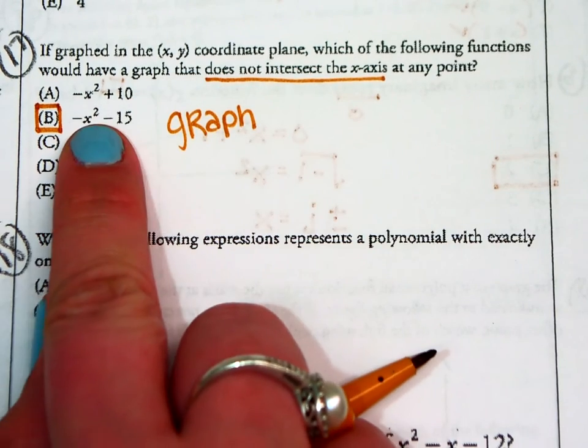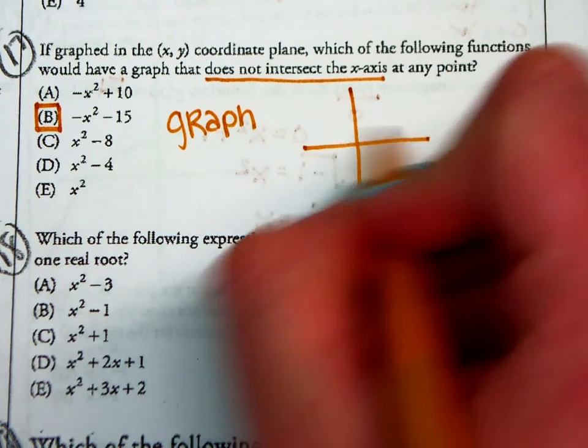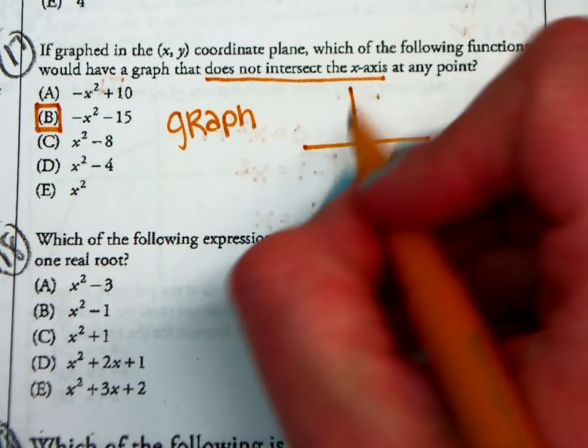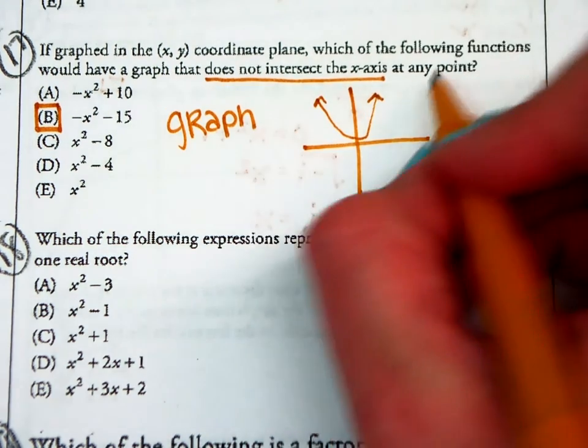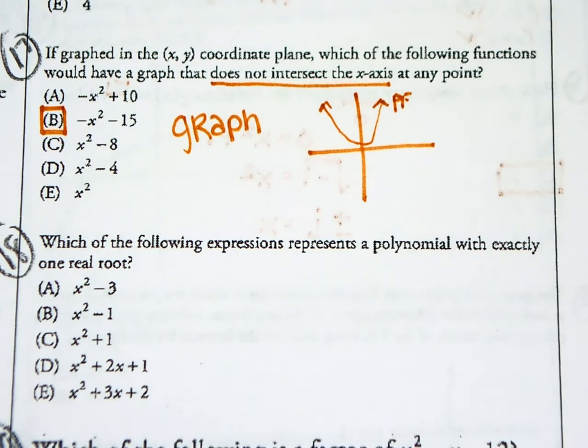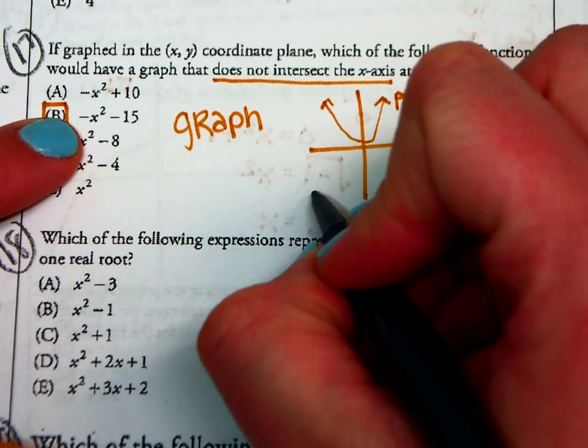Now you could also use function transformations. To use function transformations, the parent function is x squared. So this is the parent function. Now, you can also adjust the parent function. Looking at this problem, we want to flip it over the axis.